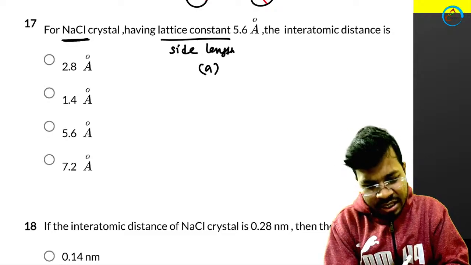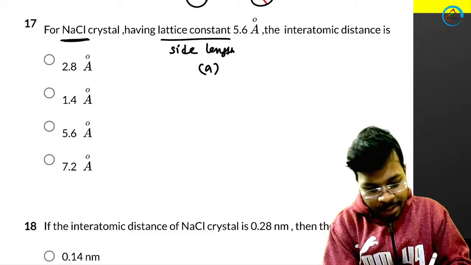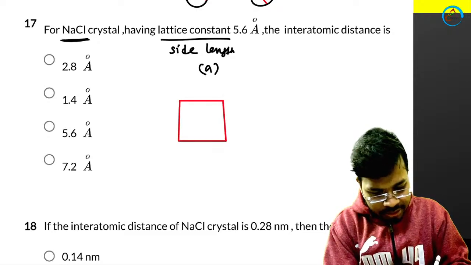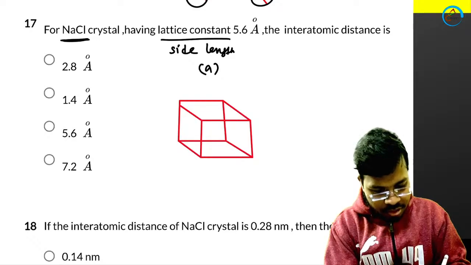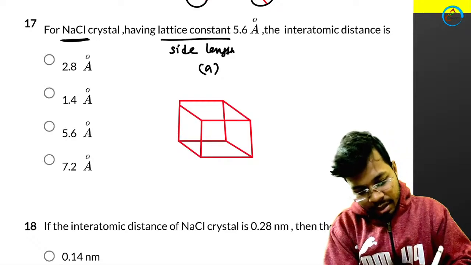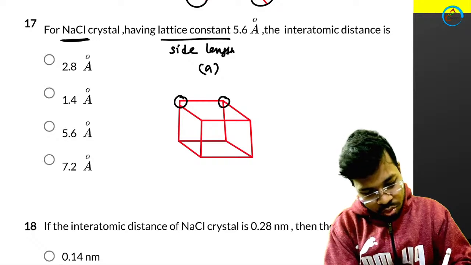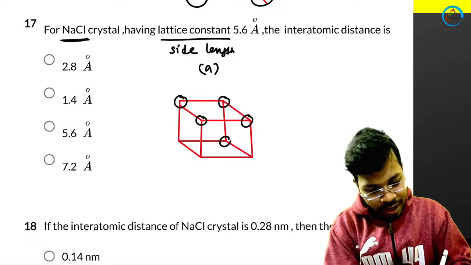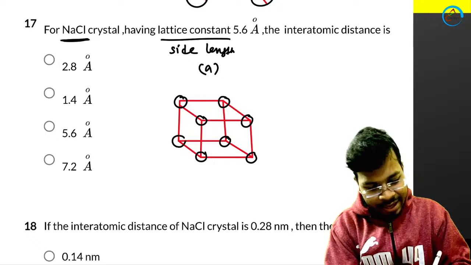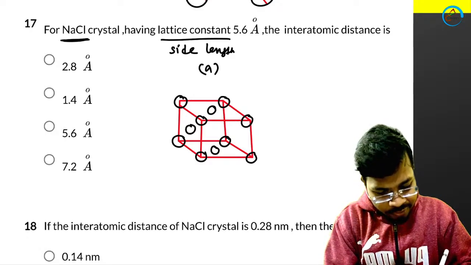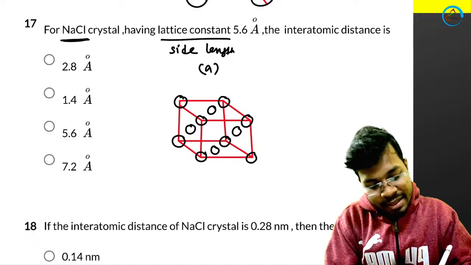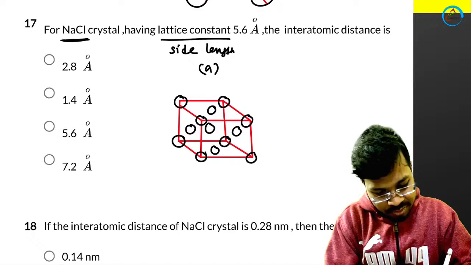Draw the NaCl structure. You know NaCl shows an FCC lattice. Here you will have 1, 2, 3, 4, 5, 6, 7, 8 corner points, and at the face of each of the 6 faces you get lattice points.